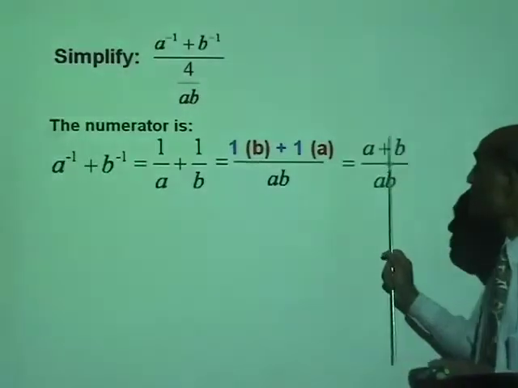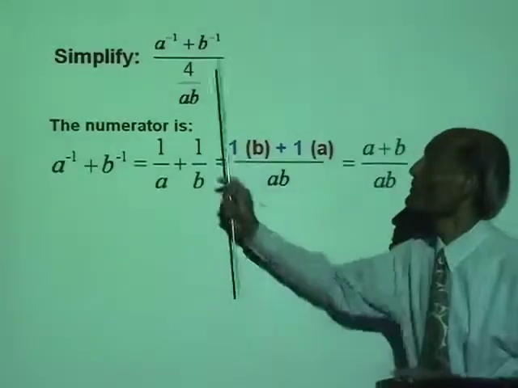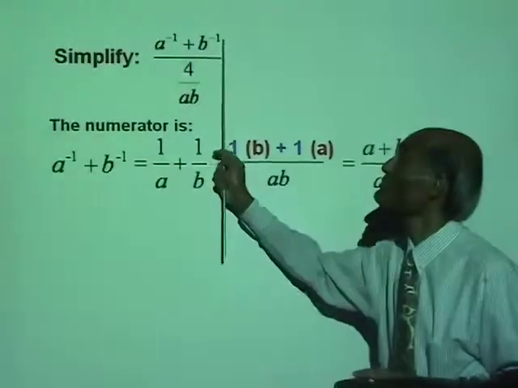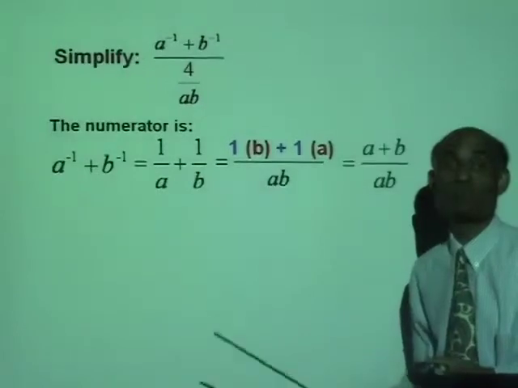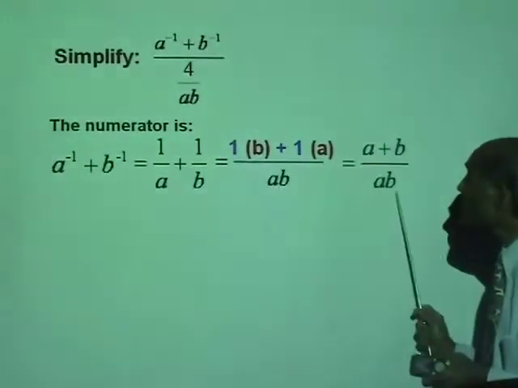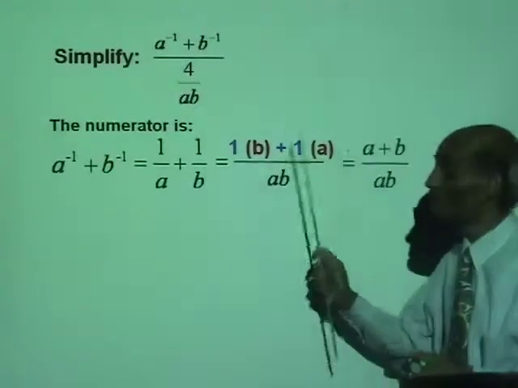You can see this is now a proper fraction. So the numerator a to the power of -1 plus b to the power of -1 will be now replaced by this simple fraction. Let's do that.